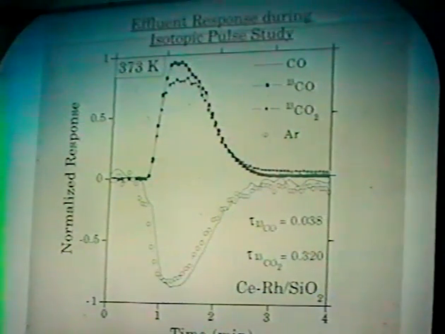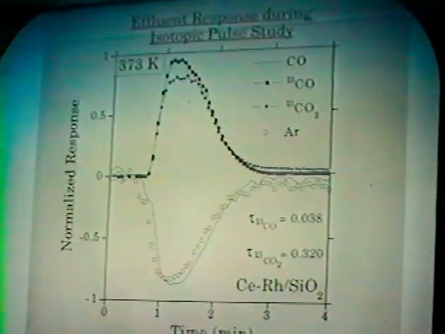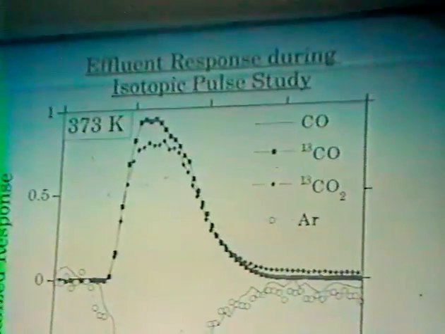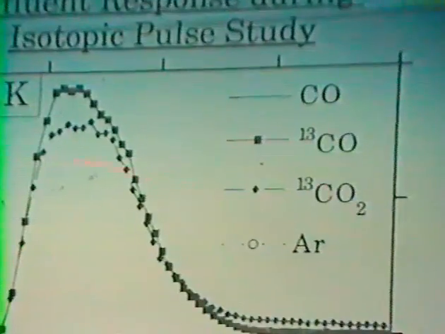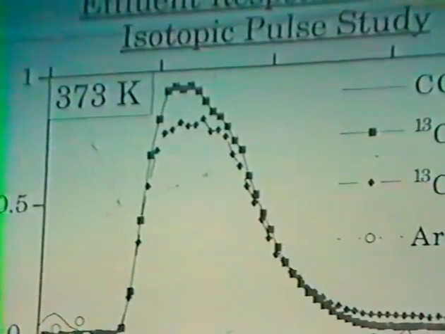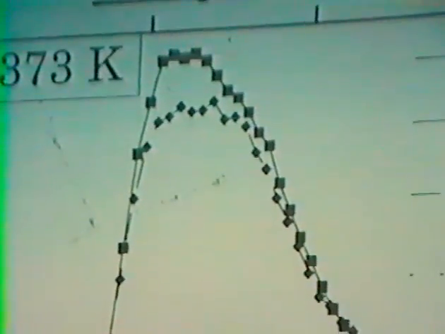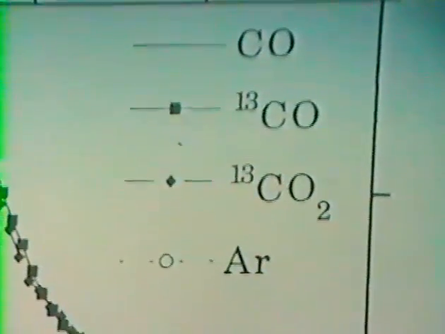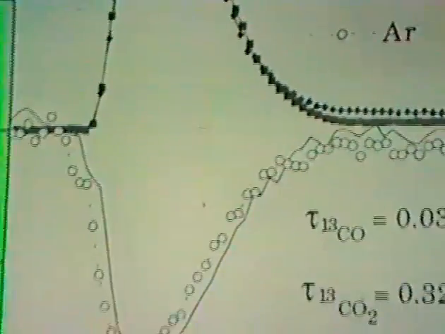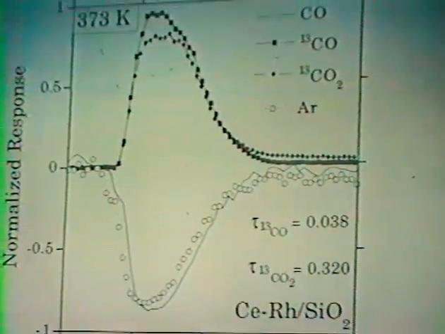So essentially the surface was not disturbed. And we can see here CO2 also is produced under these conditions. C13O2 is formed following the C13O. And the residence time of this intermediate leading to CO2 can be determined by integration of these response curves.